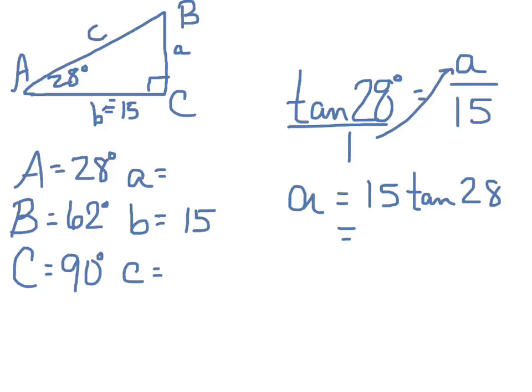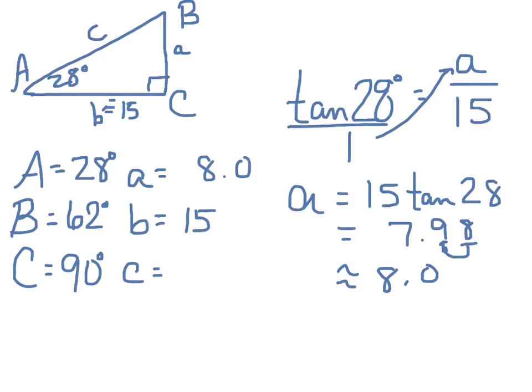It says to round to the nearest tenth. So what was it to the nearest tenth? 7.98, so that bumps up to approximately 8. Good, so you just found little a.